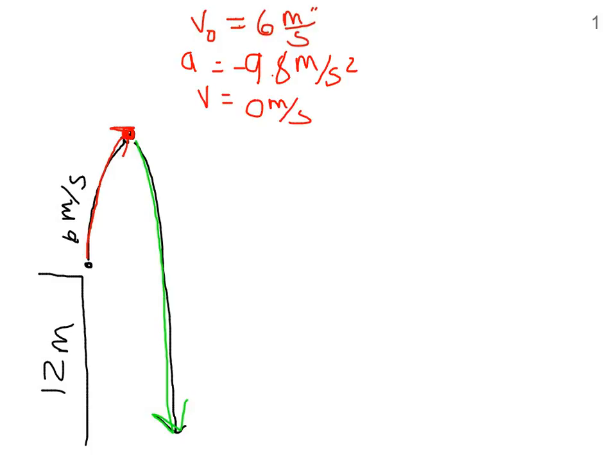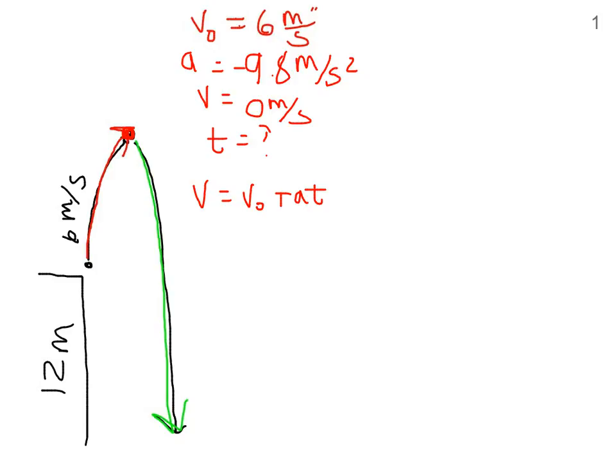And I'm going to look for two different things. I'm going to have to find the distance to the top, because I'll need that later, and I'm going to need to find the time to the top. So I'm going to do the time first. The formula I'm going to use is V equals V naught plus AT.